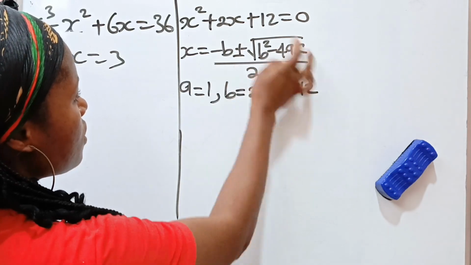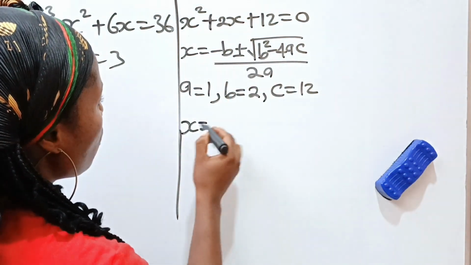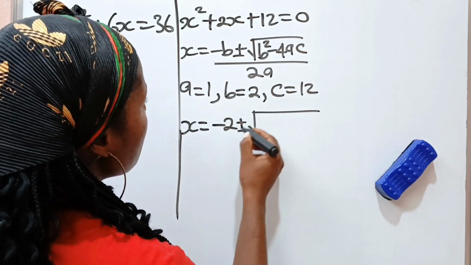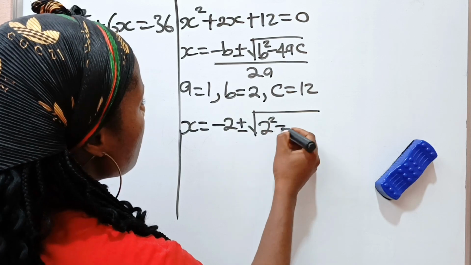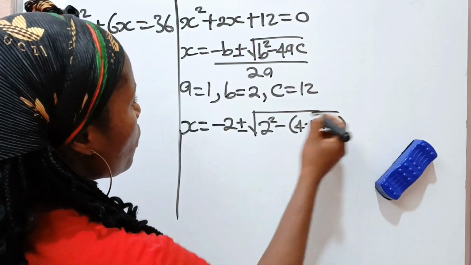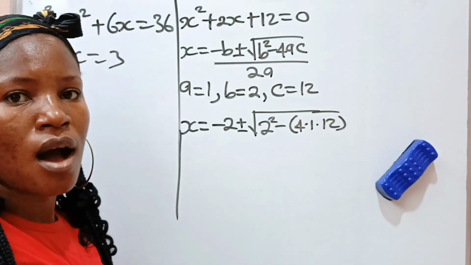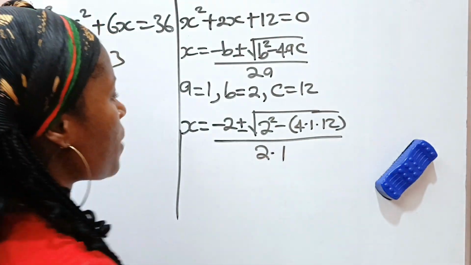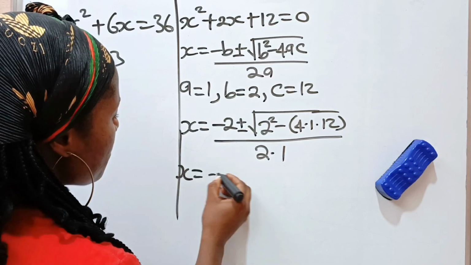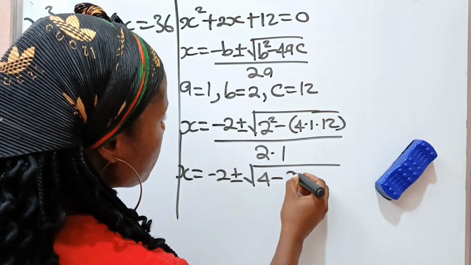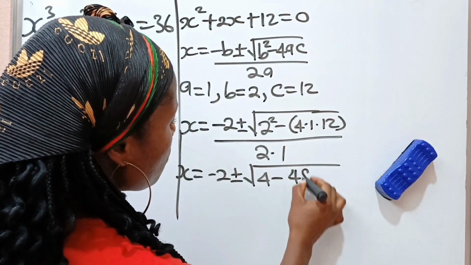So we substitute this into this place to have that x is equal to minus 2 plus or minus square root of 2 squared minus 4 multiplied by 1 multiplied by 12. I'm just substituting values, divided by 2a, that is 2 multiplied by 1. So x is minus 2 plus or minus square root of 4 minus 48, right?